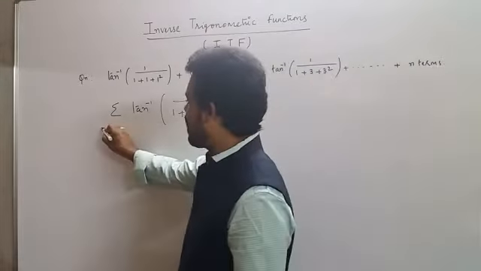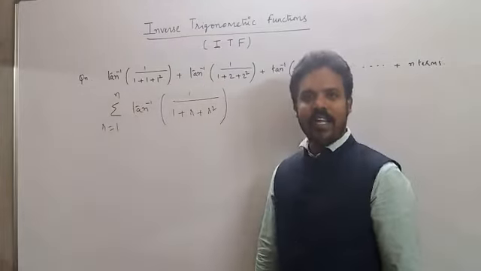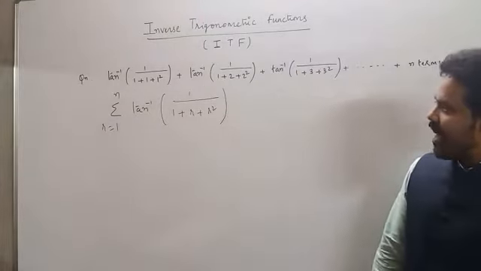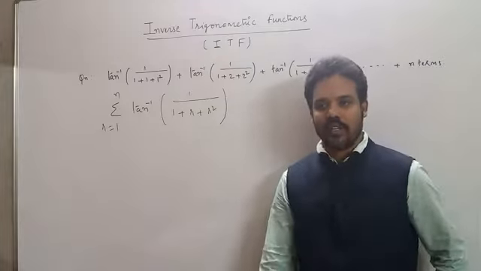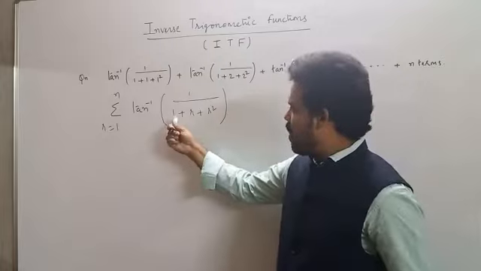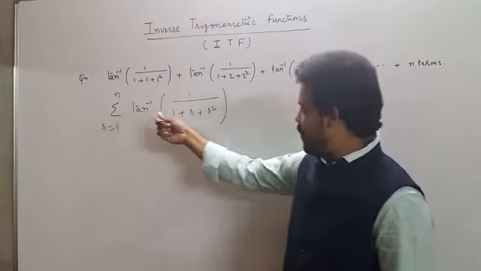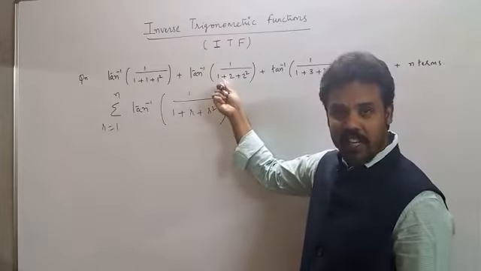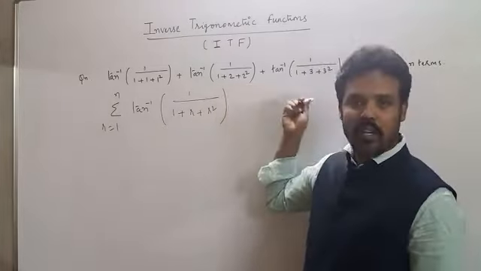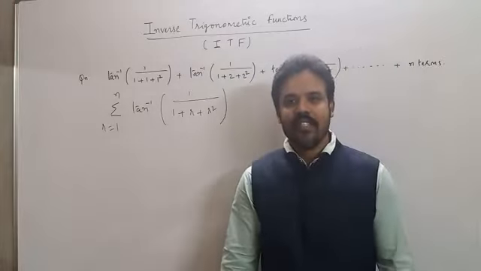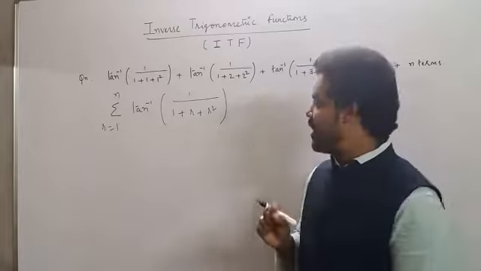Let us take T_r, where r is running from 1 to n, tan inverse 1 by 1 plus r square. If r equal to 1, we get the first term. Of course, sigma stands for summation. If r equal to 2, we get the second term, plus. If r equal to 3, the third term, and so on up to n terms. This is the primary step to do, that means to convert in terms of a general term.